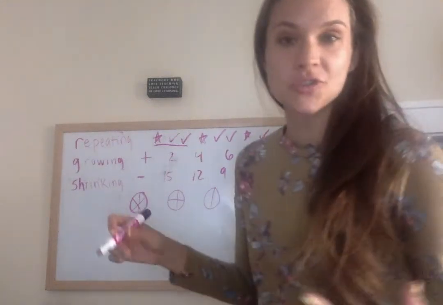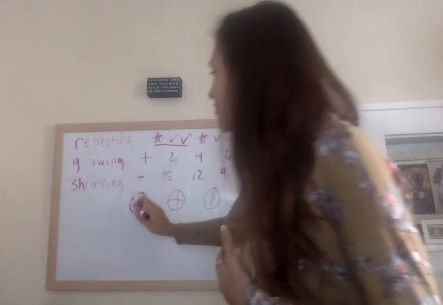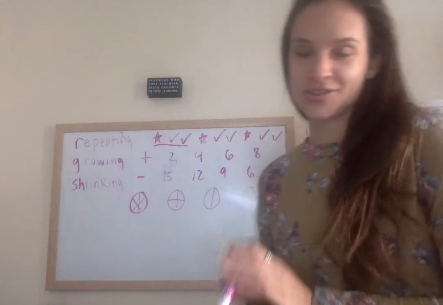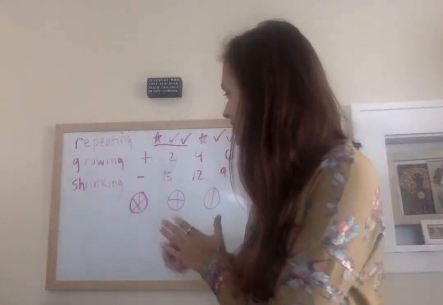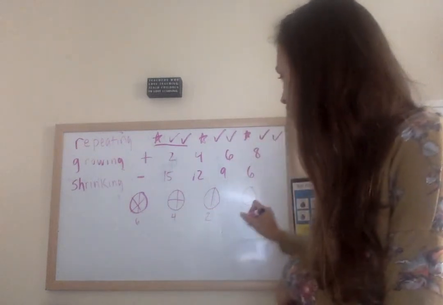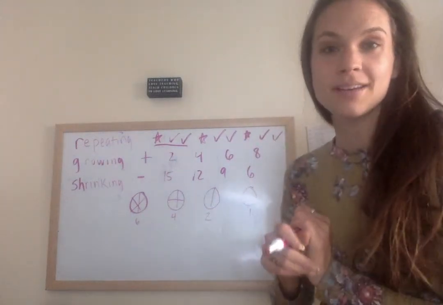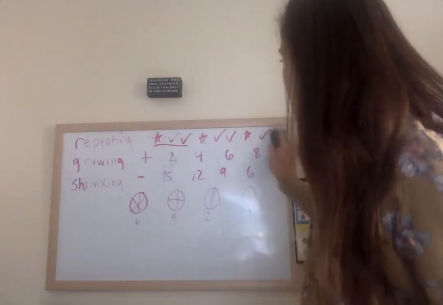That's also a shrinking pattern because the number of lines, or the number of pieces of pizza, is shrinking. Here there's 6 pieces of pizza. This is split into 4, this is split into 2, and this is split into 1. So that's another example of a shrinking pattern.